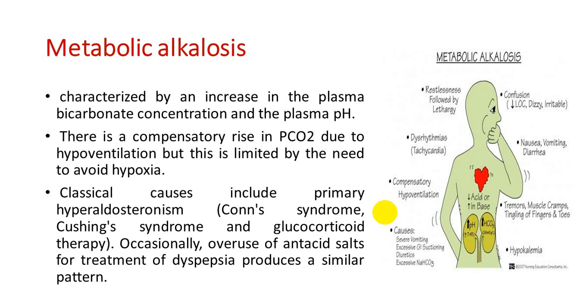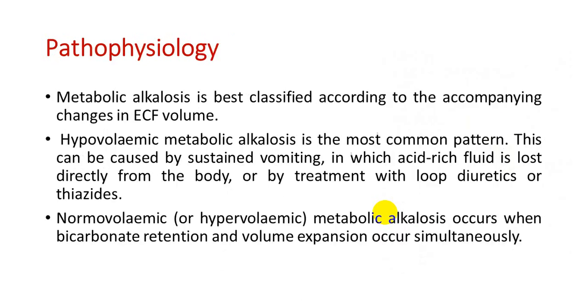Causes, I want you to memorize this cartoon. This cartoon reflects the metabolic alkalosis signs and symptoms. What is the pathophysiology in metabolic alkalosis? It is best classified according to the accompanying changes in extracellular fluid volume.